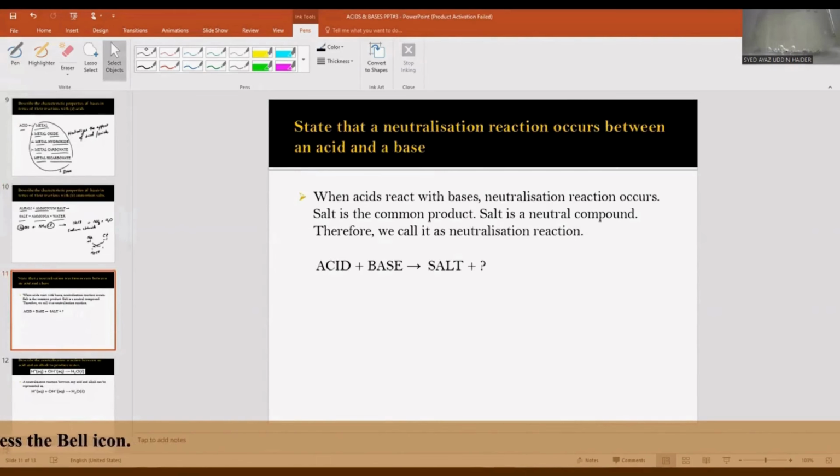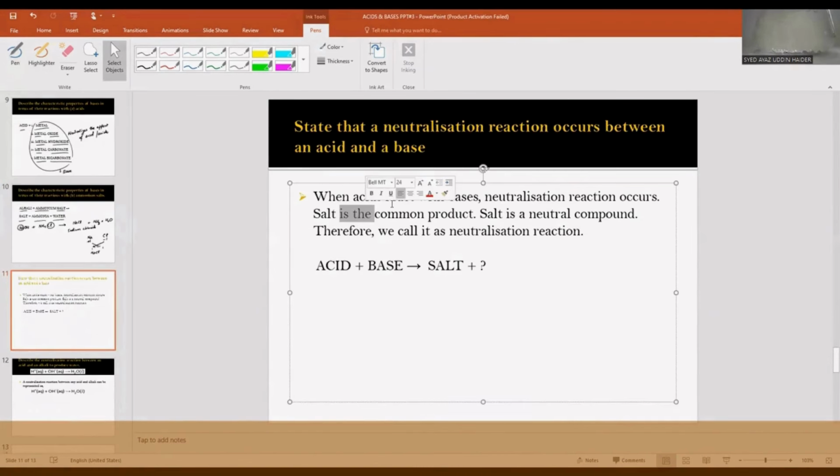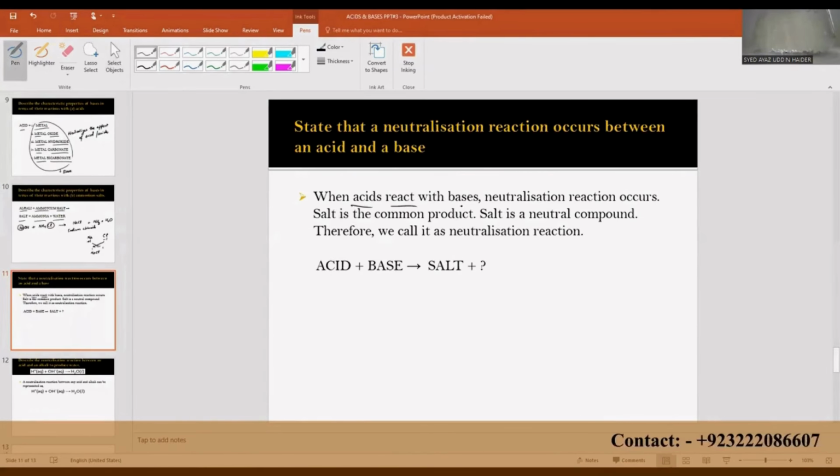The next one. When acids react with bases, neutralization reaction occurs. Salt is a common product. Salt is a neutral compound. Therefore, we call it a neutralization reaction. Acid plus base gives salt. What else will you get? You will get water. Water is the other product produced here.